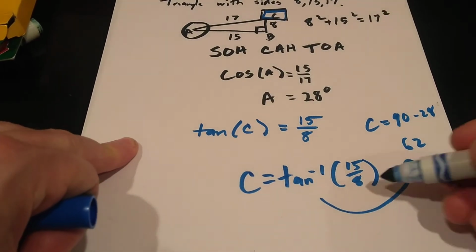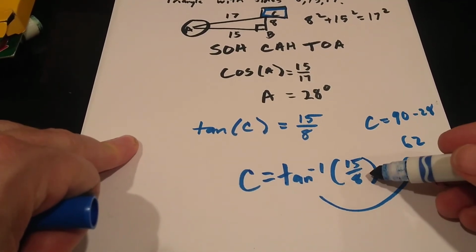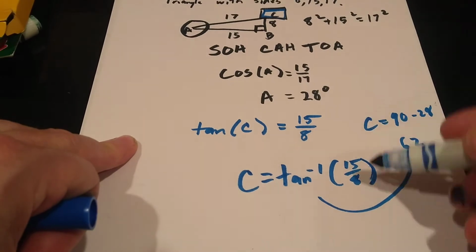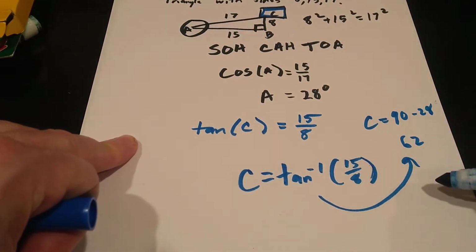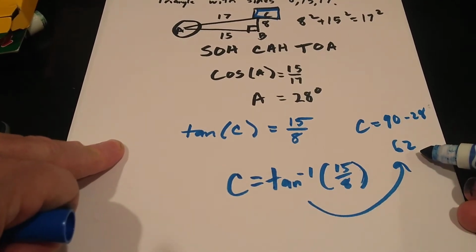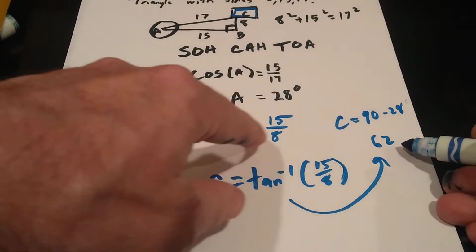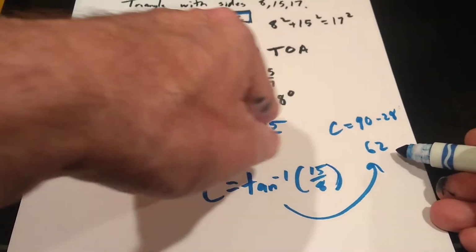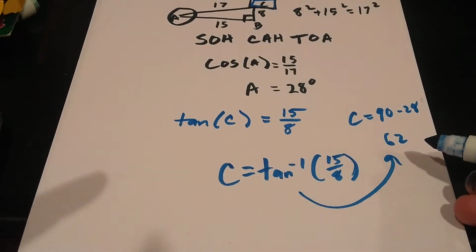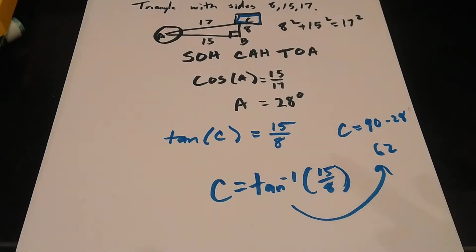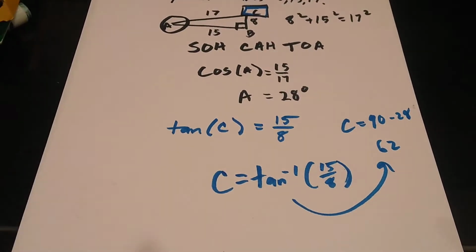So this is exactly like looking up 15 divided by 8 in the tangent column of the trig table, and then saying, okay, what was that degree? And then I can check myself. If I do tan of 62, if it's not equal to this fraction or close to it, it's wrong. Same thing here. If I do cosine of 28, it should come out to roughly what 15 over 17 is.